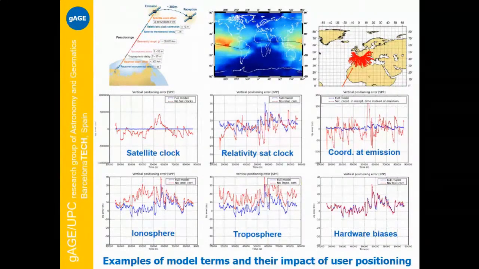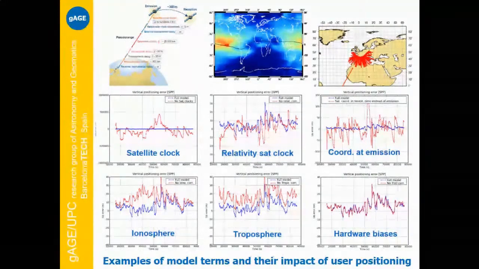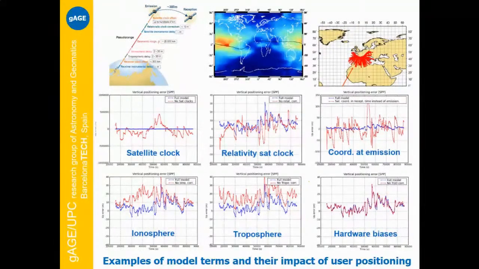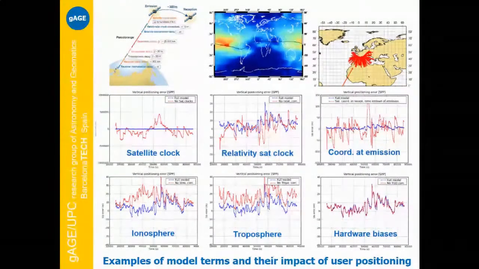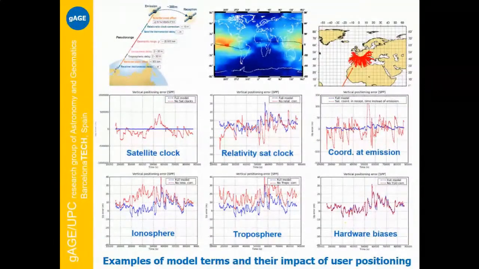We have also errors in the relativistic effects. We have to be careful to compute the satellite coordinates at the emission time, because the satellites are moving at a few kilometers per second, and the signal takes some time between the emission and the reception, so we have to take into account that the satellite is moving.